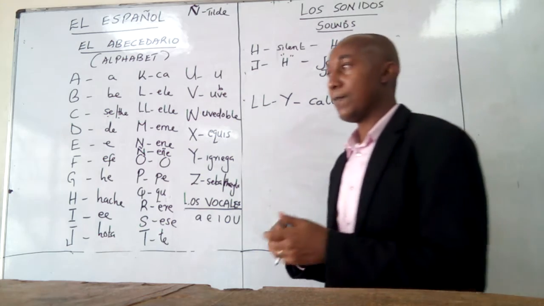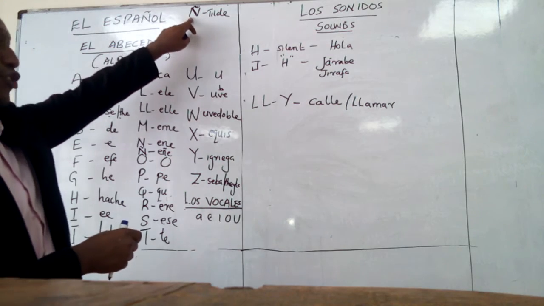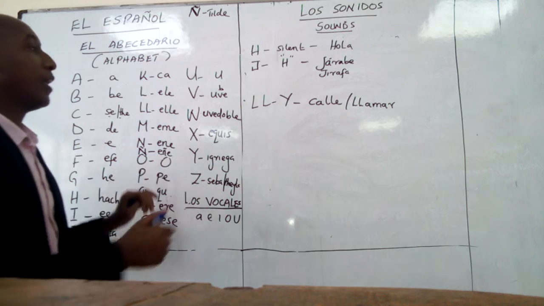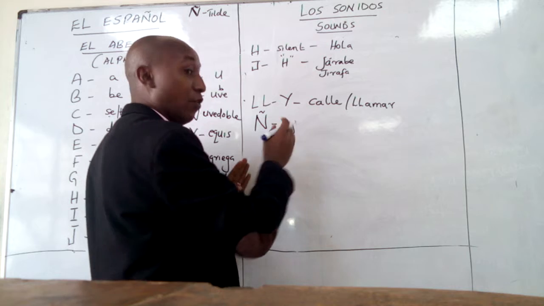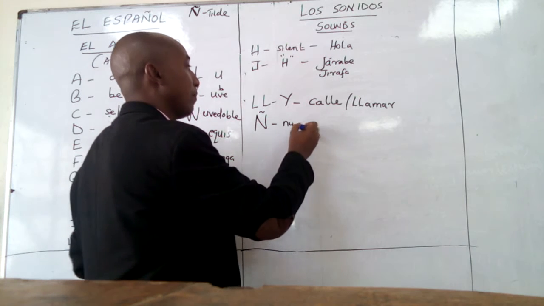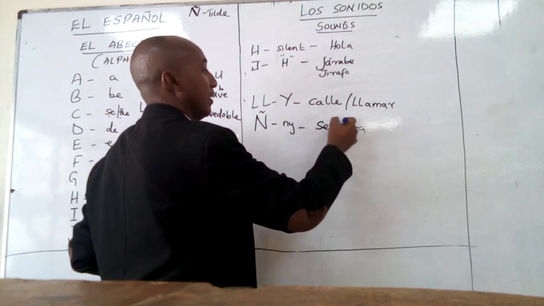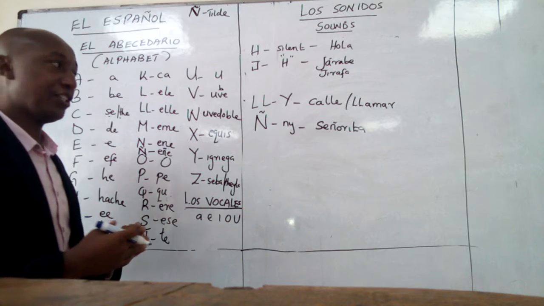Now, the next thing is the letter that I was trying to explain at the beginning, the N with a tilde, which is usually eñe. So I'm going to say that this one is pronounced with what we call the NY sound for the ones who speak Swahili. So I'm going to say señorita, but not señorita.